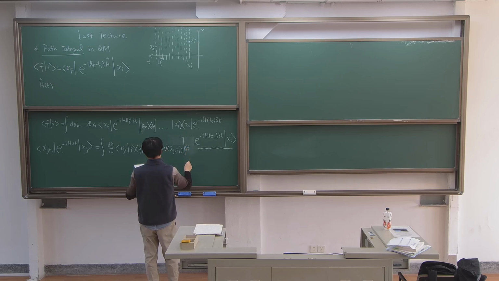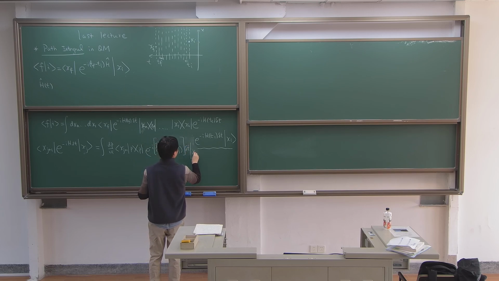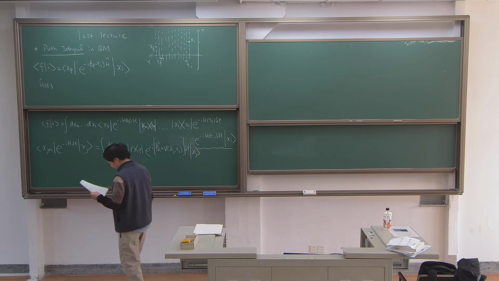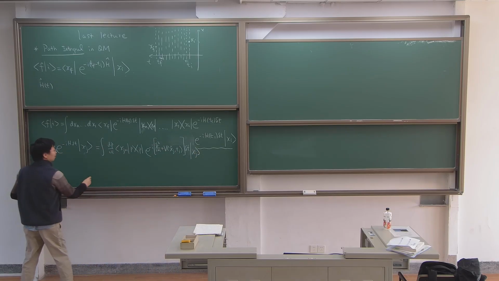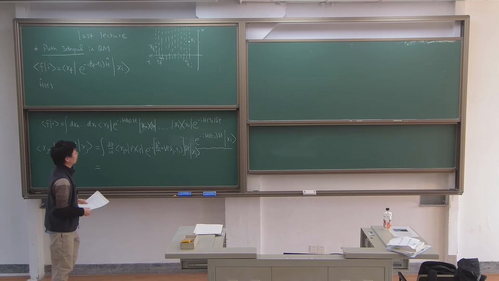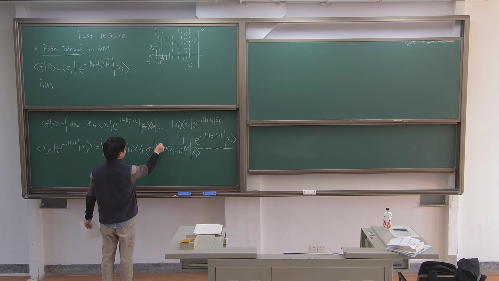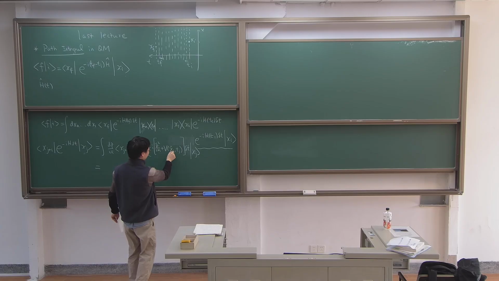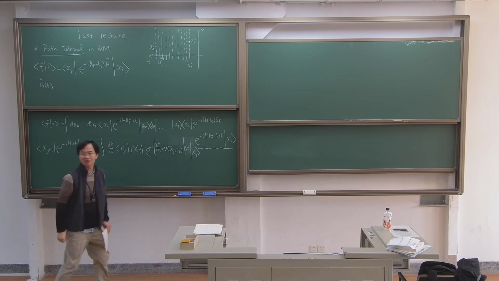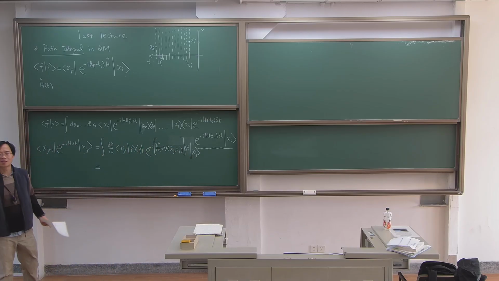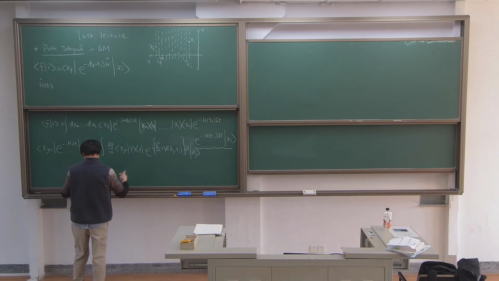Now insert the complete set over xj. This is what I need to compute. Now I treat this p hat squared as acting on the left, and this x hat acting on the right. They all become numbers because these are eigenstates.